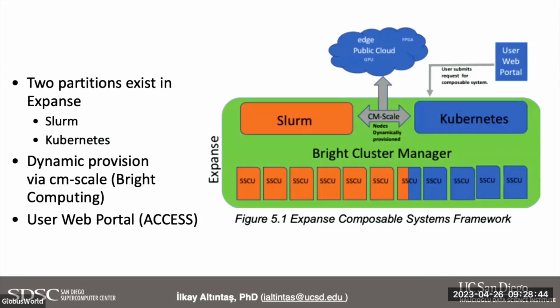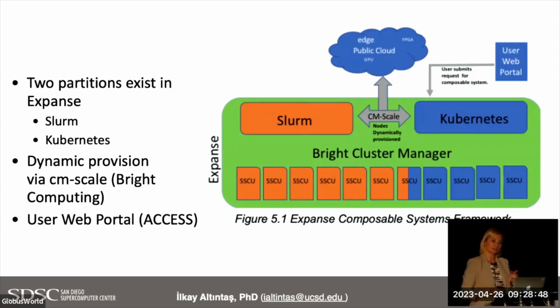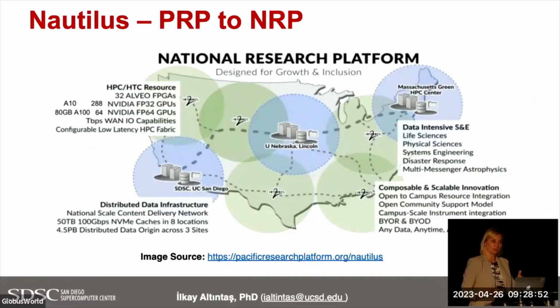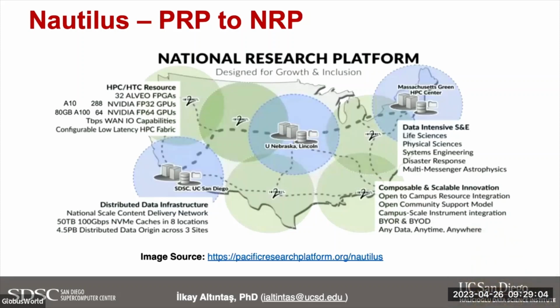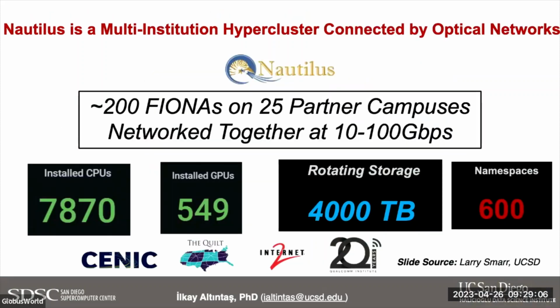And the idea is that pool can be federated with other Kubernetes clusters. And like Nautilus, which was the Pacific Research Platform, and is becoming the National Research Platform. So this is a highly networked, 100 gigabit disk-to-disk at times, set of CPUs and GPUs. This number grows, so I'm sure they're very inaccurate after a couple of months.